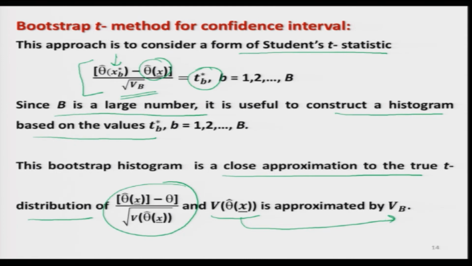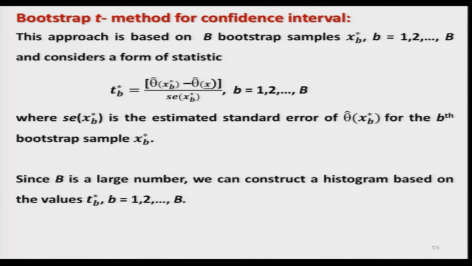That is the basic idea. We have used the classical concept of construction of the t statistic, and then used it in the construction of a similar statistic based on the bootstrap samples.